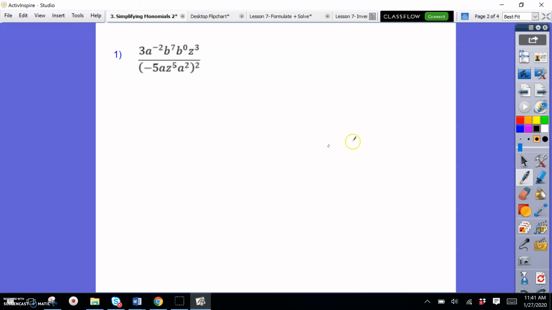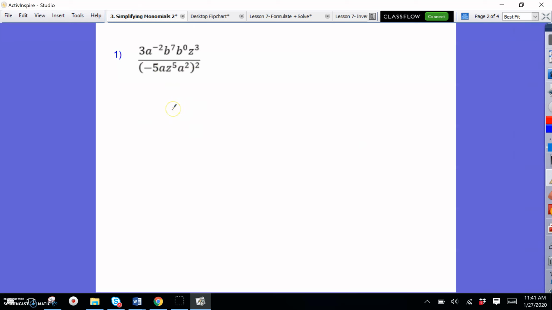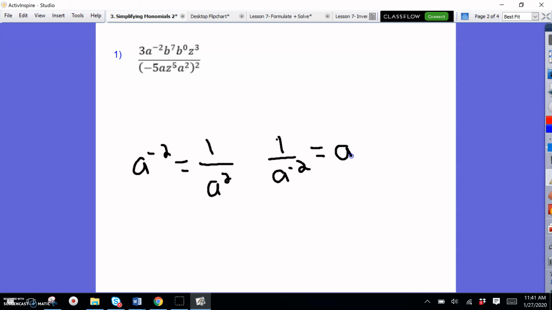Before we start simplifying this, we have to go back to the meaning of a negative exponent. If you have a to the -2, this really means you have a multiplied by itself twice, but it's on the denominator. Similarly, if you have 1 over a to the -2 power, this means you have a multiplied by itself twice, and it's in the numerator.